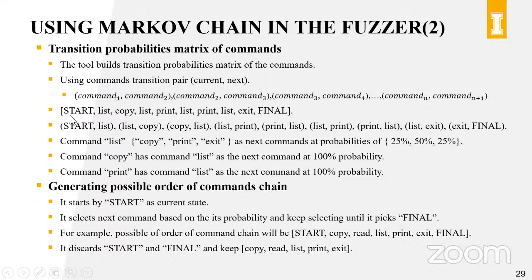If you have the chain start, list, copy, print, list, exit, final, the transition pairs look like: start, list; list, copy; copy, list; list, print; print, list; list, exit; and exit, final.